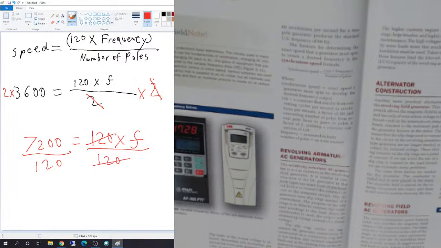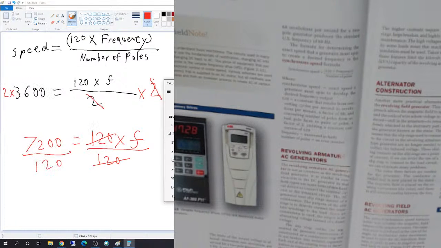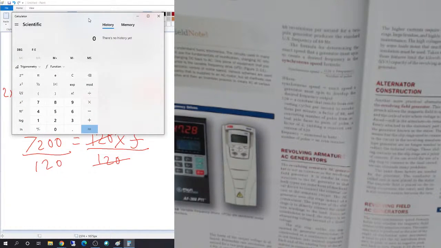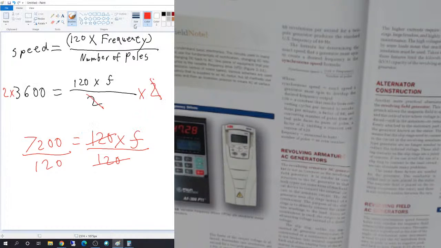We'll open up a calculator. 7,200 divided by 120 is 60. So we end up with 60 is equal to F, or frequency. So the answer is 60.